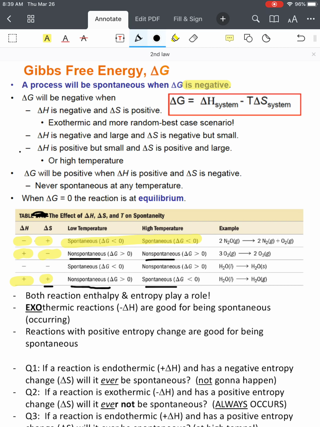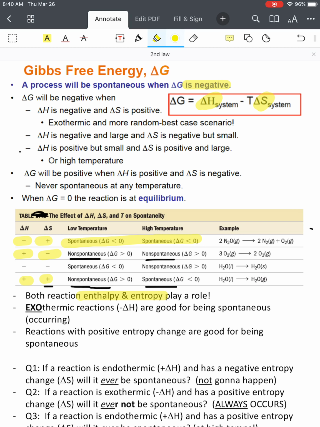So the moral of the story here is that this equation is kind of powerful for us because we can predict whether or not a given reaction will be spontaneous at higher or lower temperatures, or whether it will be spontaneous at all. Another really important idea is that both entropy and enthalpy play a role for our reactions. And that's built into our equation, isn't it?